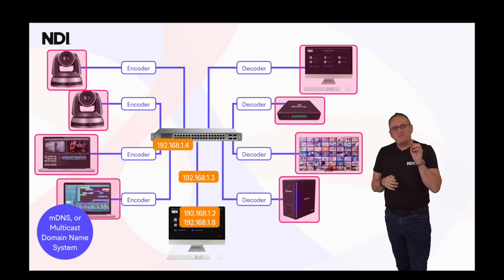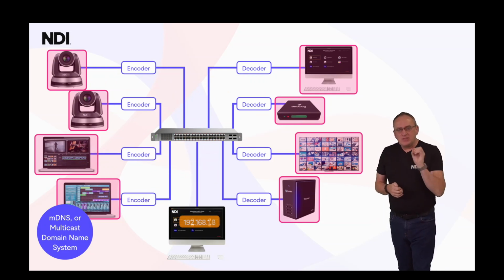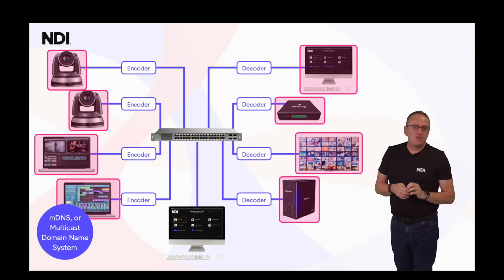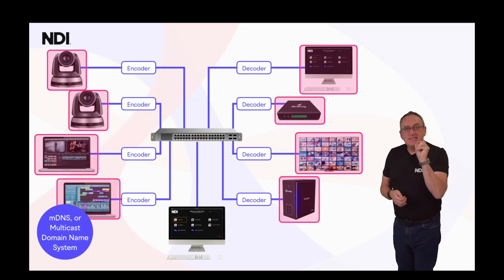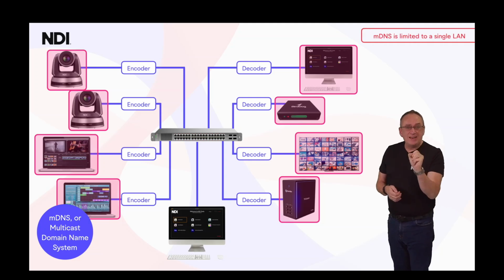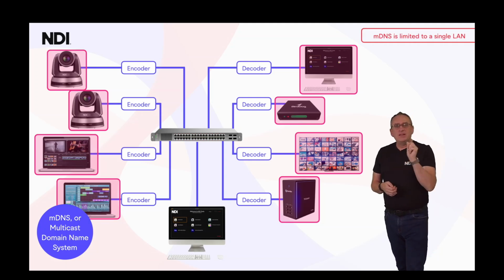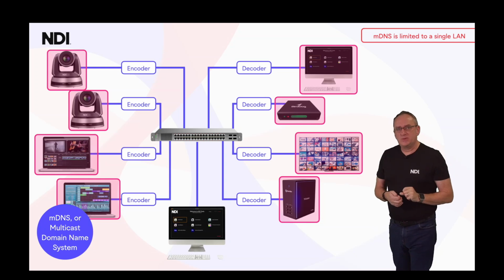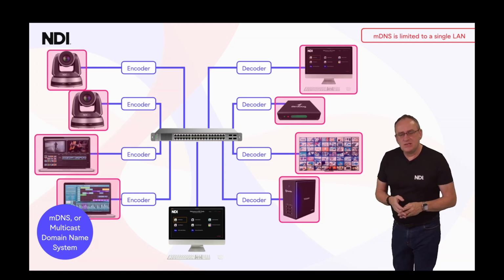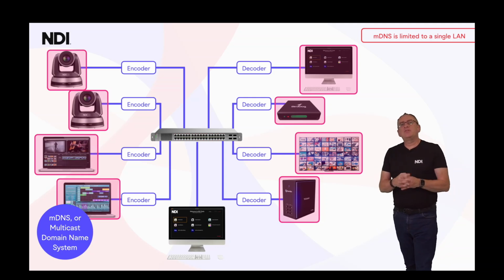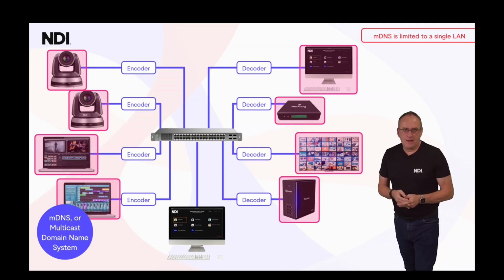This simple yet effective mechanism allows NDI devices to quickly and efficiently discover each other, all on the same network. It's important to note, though, that mDNS is limited to a single LAN, local area network, and doesn't function across different subnets. In larger, more complex network setups, this is where the Discovery Service comes into play.